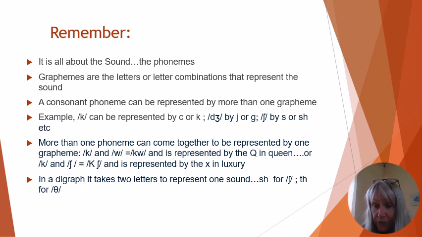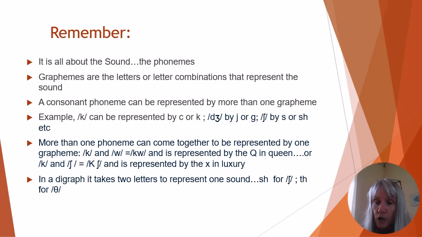In a digraph, you'll see the word digraph, the prefix is di, which means two. Graph means something that you can see. So in a digraph, it takes two consonant letters to represent one sound. And we'll speak more about these digraphs in a bit.